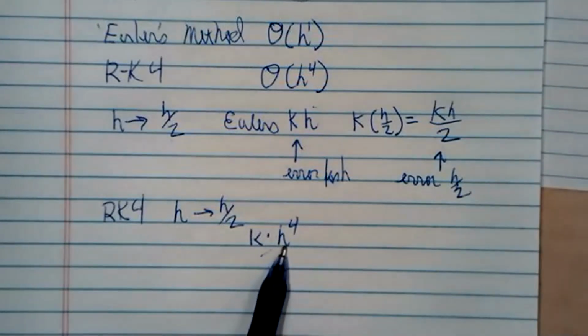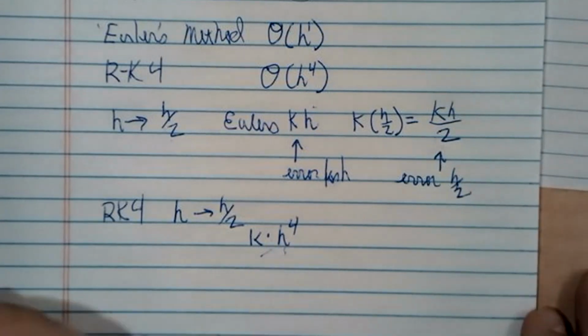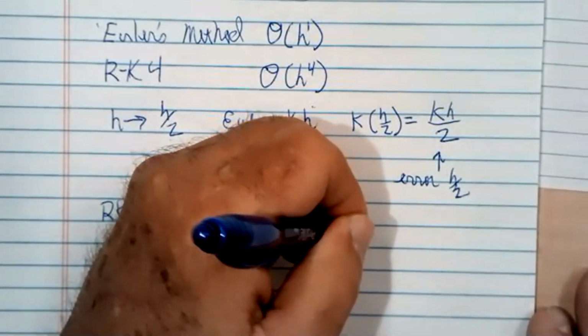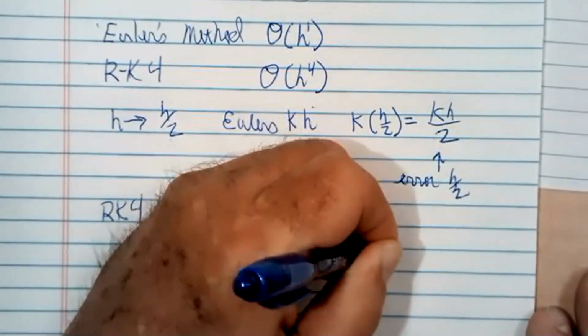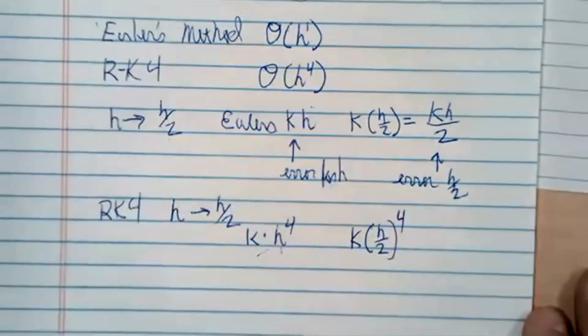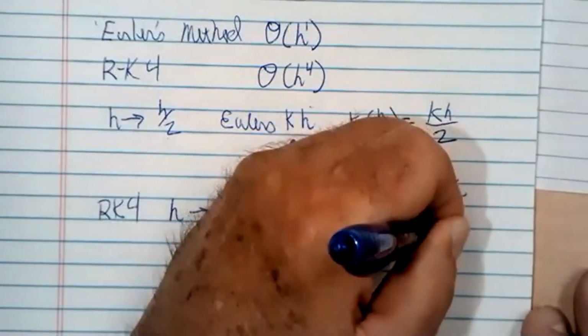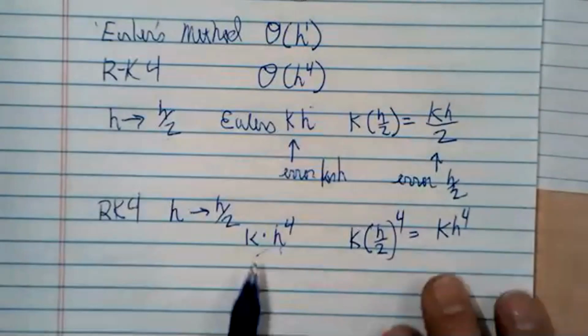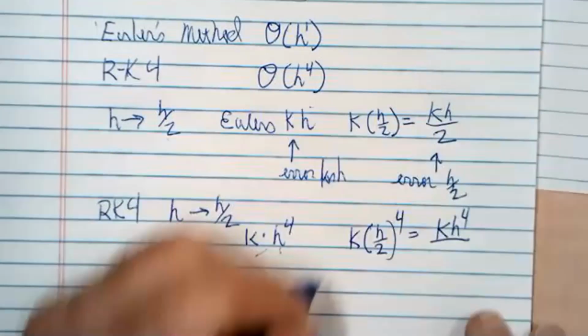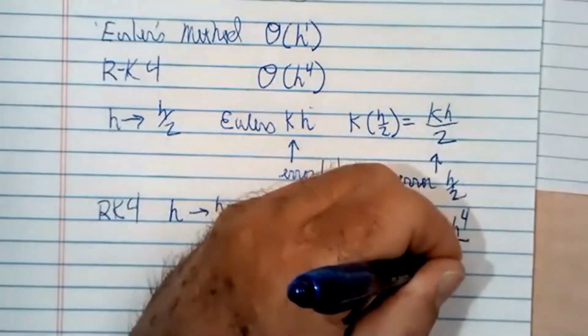And keep in mind, h is a relatively small number. It's between 0 and 1. So when you raise it to the 4th power, it's starting to get quite small. But then when I replace h by h over 2, and I raise that to the 4th power, I get k h to the 4th again, just like I had here, but that denominator, 2 to the 4th, is 16.